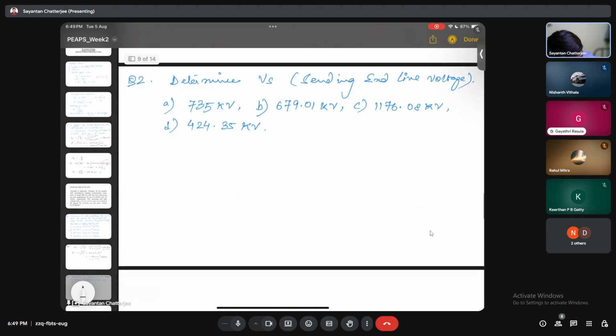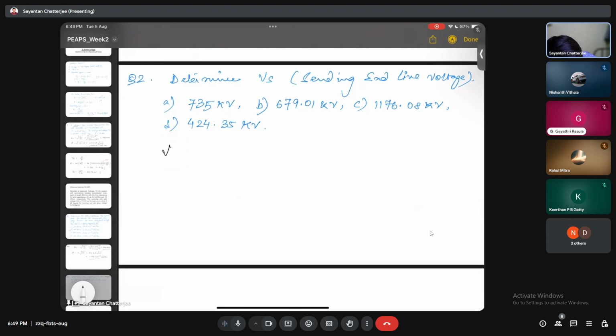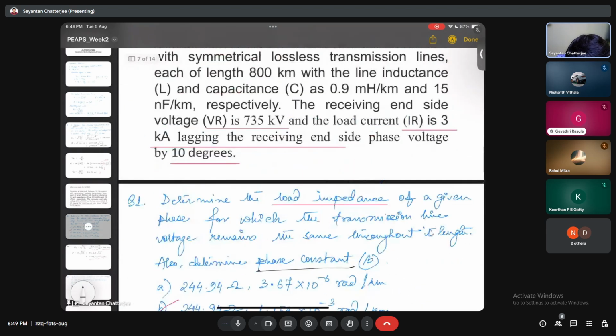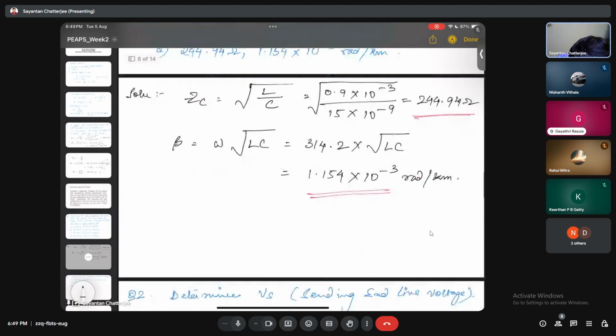The receiving voltage is the phase voltage; to get the line voltage we can just multiply by root 3, so we can do that later. For the time being, let's focus on calculating the sending end phase voltage first. The receiving end voltage is given, which is 735 kV.